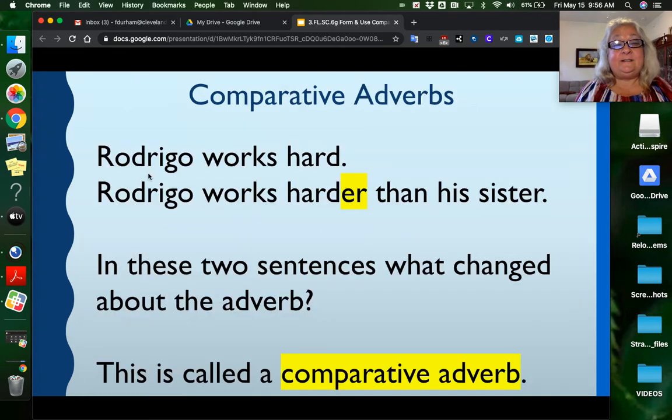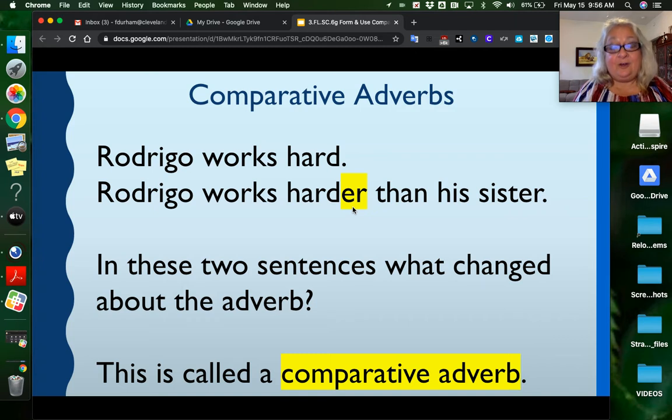Let's go back to our sentences about Rodrigo. Rodrigo works hard. When I want to compare Rodrigo with another person, in this case his sister, I say Rodrigo works harder than his sister. I added what to make this a comparative adverb?